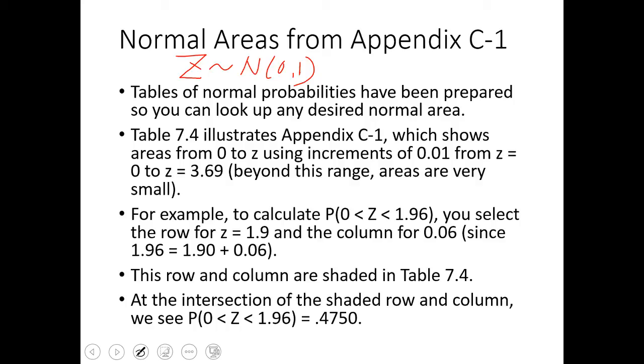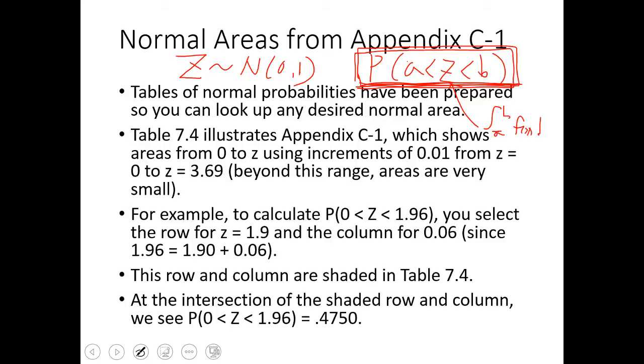we have to know the probability that Z is between A and B. That captures all the properties of Z. So then we have to calculate the integral from a to b of f(x) dx, and f(x) is 1 over square root of 2 pi times e to the minus 1 over 2 x squared, something like that.